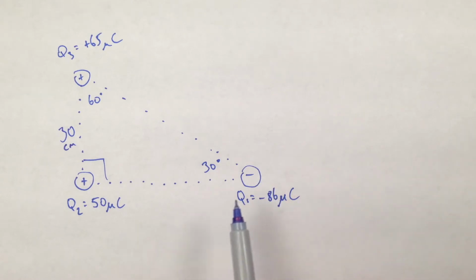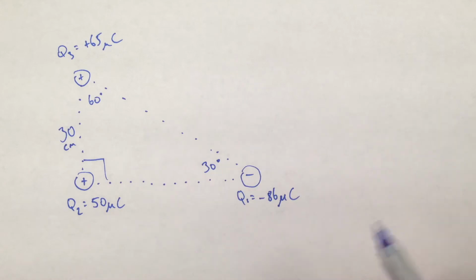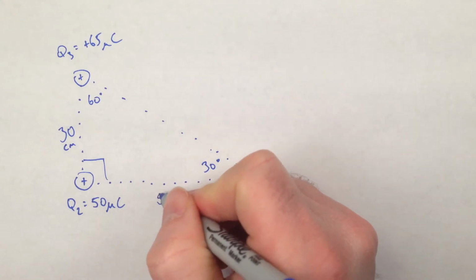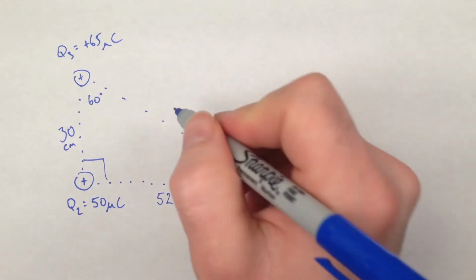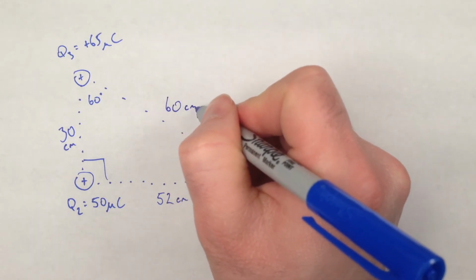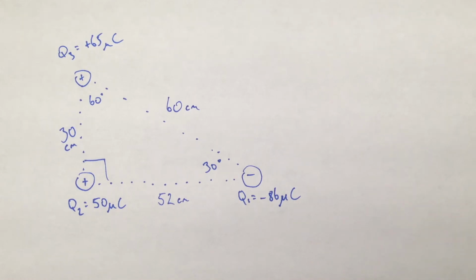And if this is a 30, 60, 90 triangle, then that would make this 52 centimeters, and this 60 centimeters. That's rounded, of course, but that is going to be the situation that we are in.